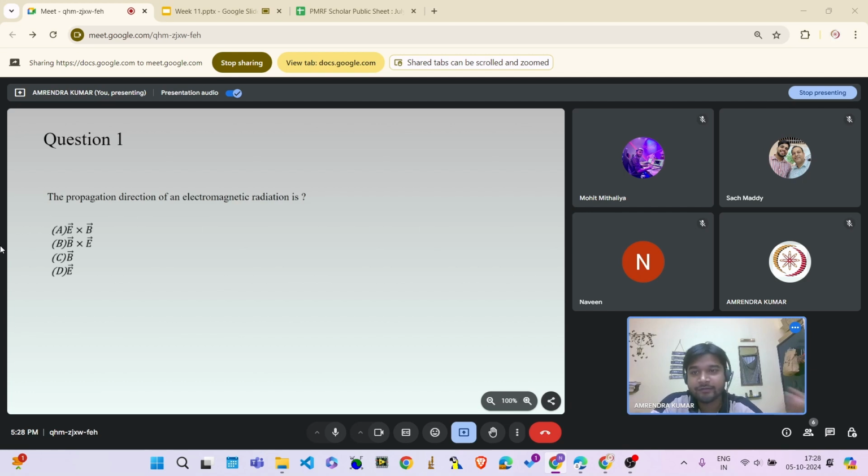And in the case of electromagnetic radiation, let's say it is propagating in the x direction. So this is x, this is y, and this is z, right?